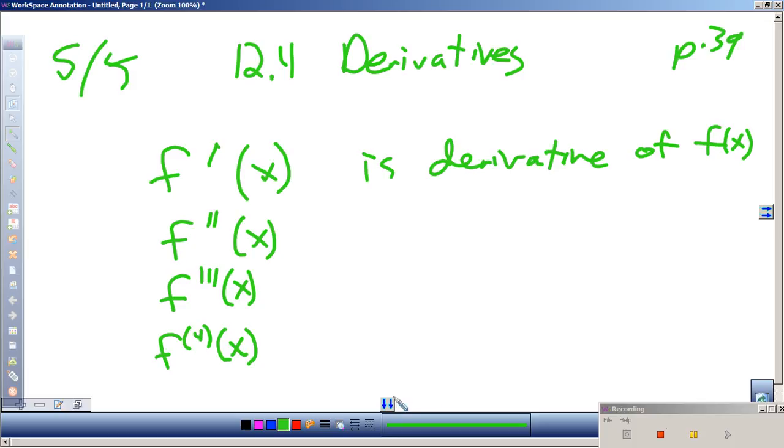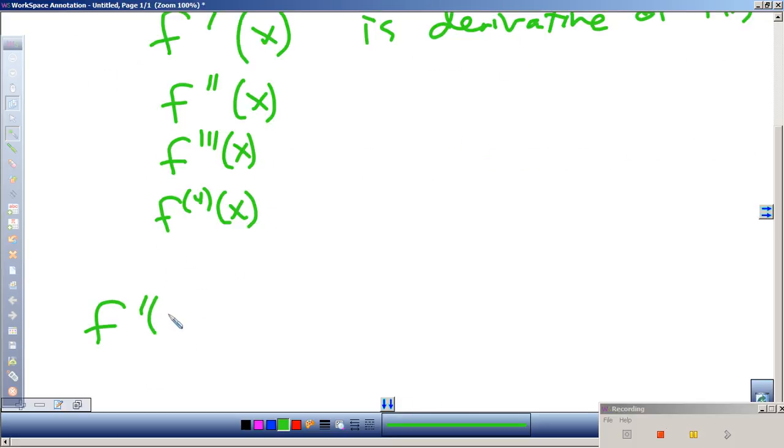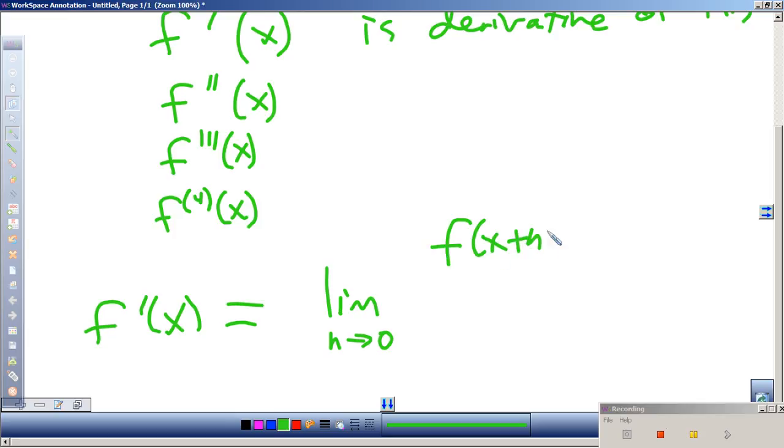Now, the definition: f prime of x is equal to the limit as h goes to 0 of f of x plus h minus f of x all over h. That seems familiar.